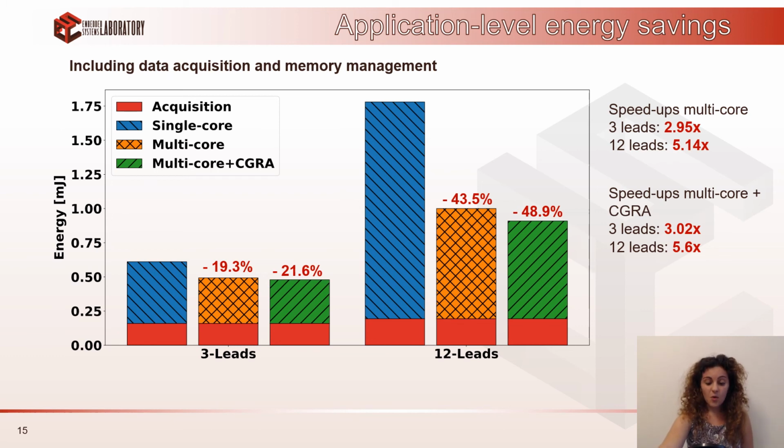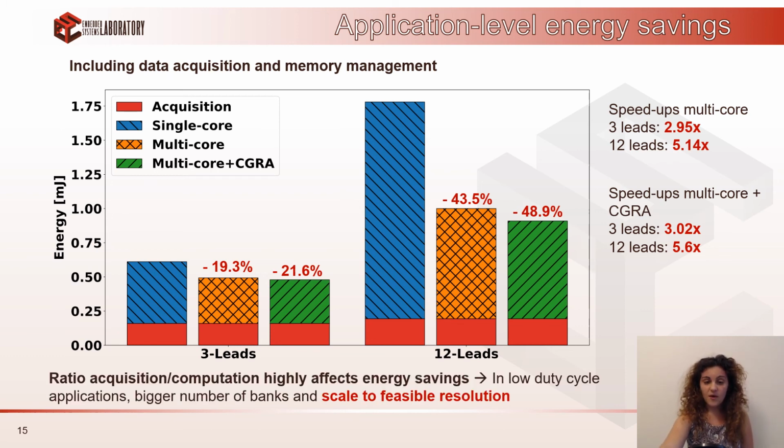In the case of full applications, the ratio between acquisition and computation highly affects the energy savings. Hence, in low duty cycle applications, it is better to have a bigger number of banks and scale the memory to a feasible resolution, since the memory management has a very high impact.